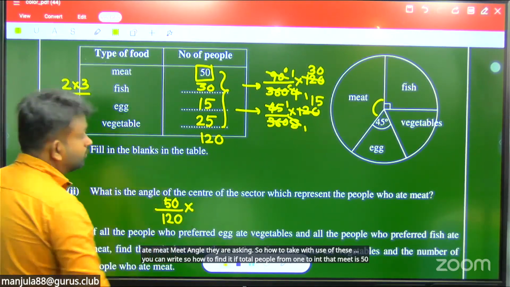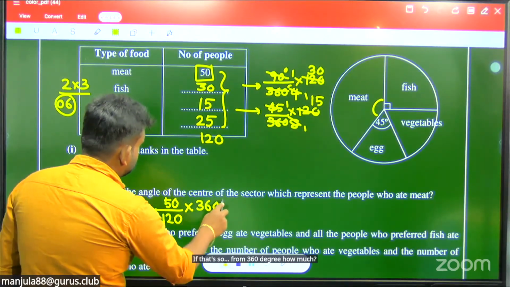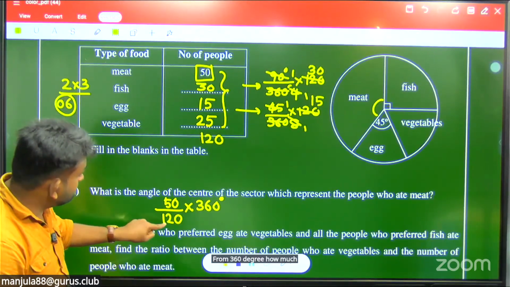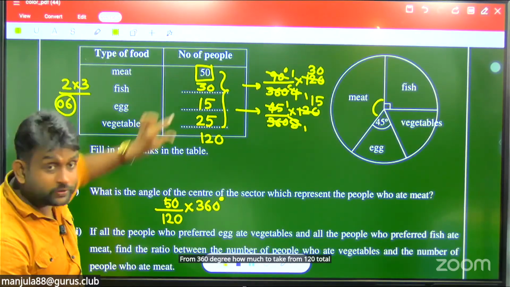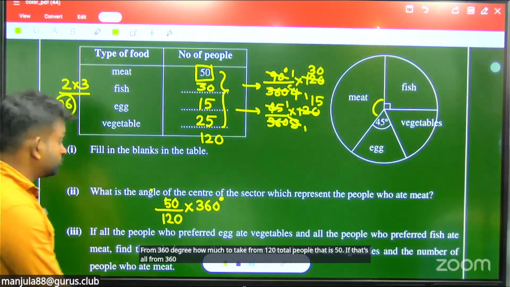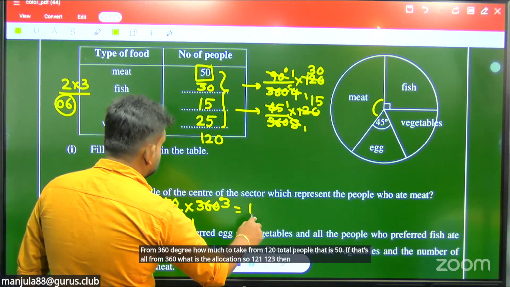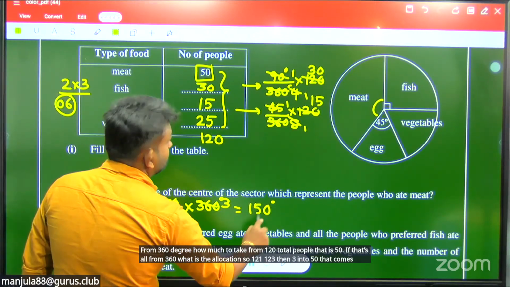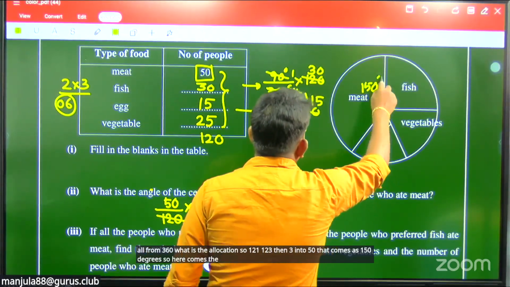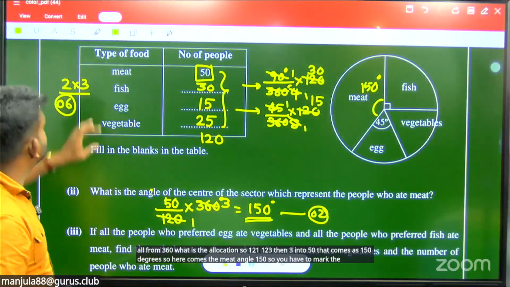If that's so, from 360 degrees, how much is the allocation? So 3 into 50 comes as 150 degrees. So here the meat angle is 150. You have 2 marks there.